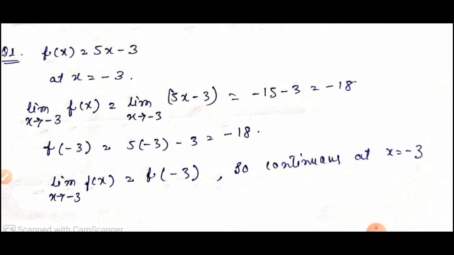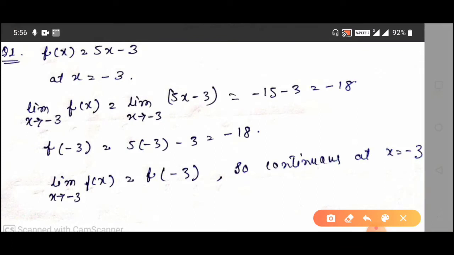Now, for the various kinds of questions: here the function is given and no condition is given, only the function is given. So this is one kind of question. For that we will write limit x tends to minus 3, because our question is to find the continuity of the function at x equal to minus 3.